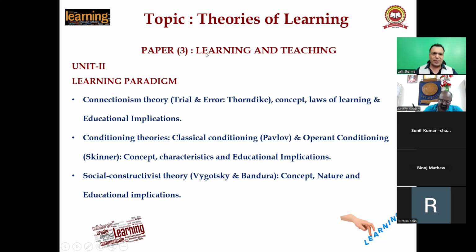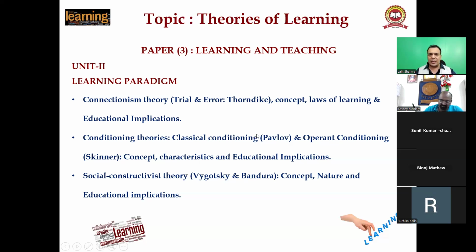So you can see this syllabus, learning and teaching, right? This is unit 3, theories of learning. Okay, guys. So you can see the syllabus. Later on, we will see the syllabus, right? In the unit, we have 4 theories. One is called trial and error theory. Then conditioning theory.